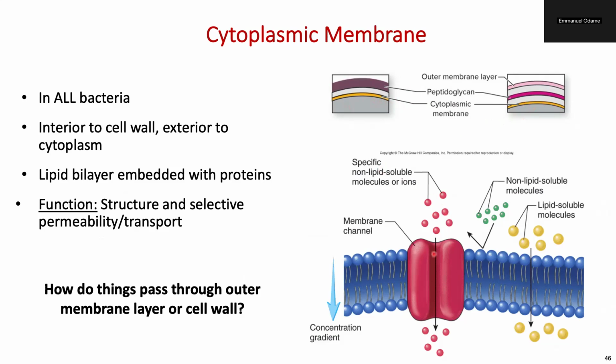It's very selective. As we can see from here, it is a membrane channel embedded into the membrane. Then you have non-specific lipids going in there, and other lipid soluble molecules also moving through them.